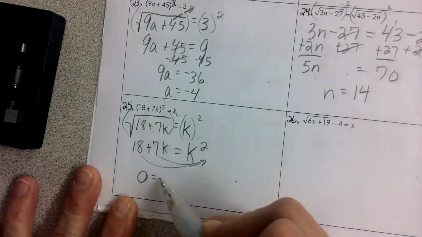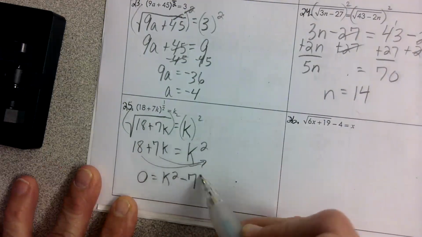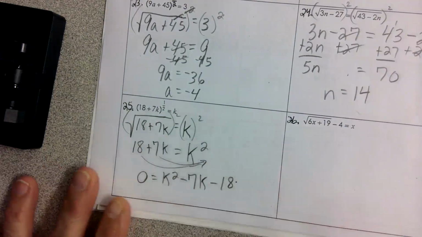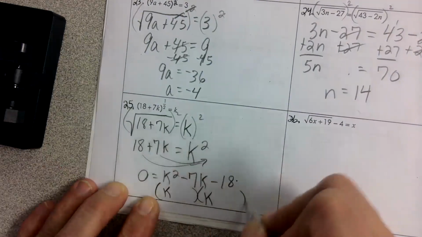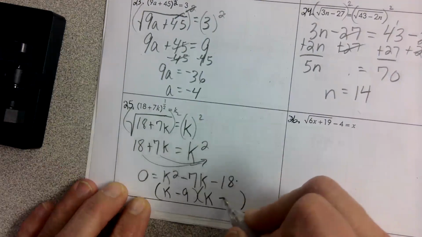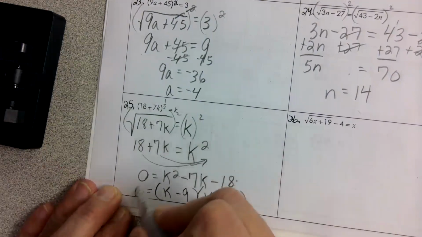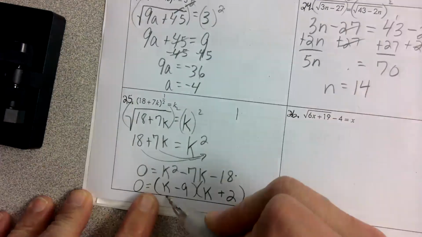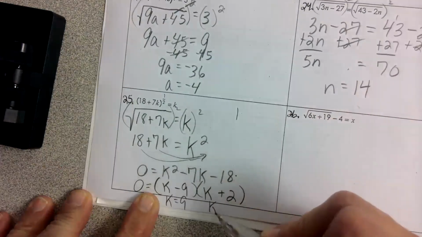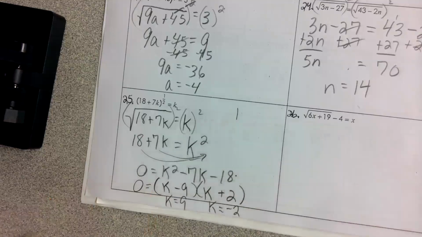And 0 equals k squared minus 7k minus 18. And that factors to k minus 9, k plus 2. And then when you set those factors equal to 0, you get k equals 9, k equals -2.